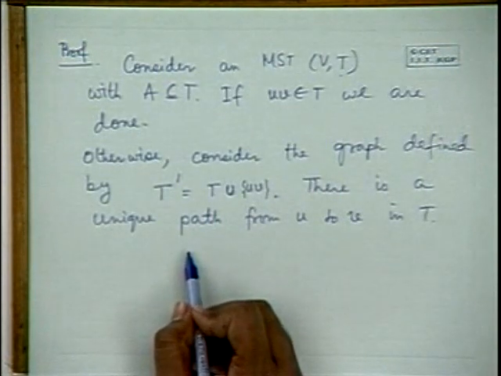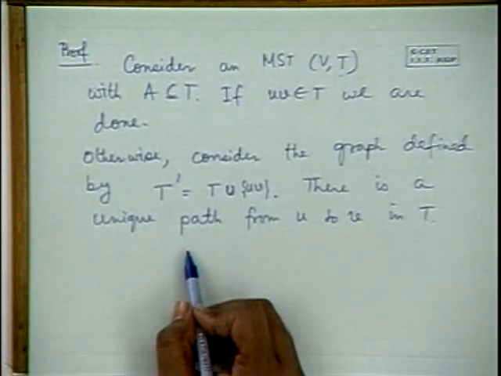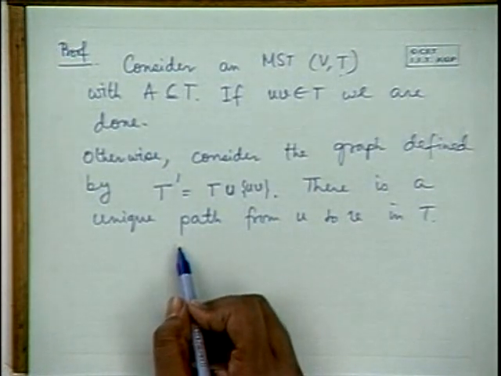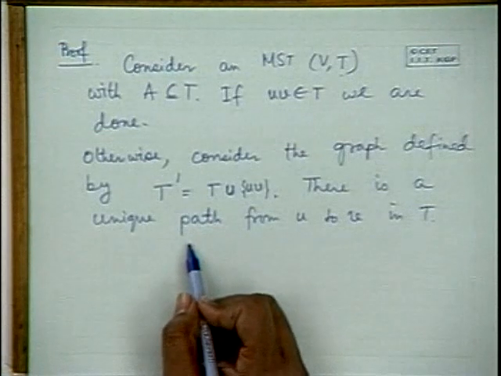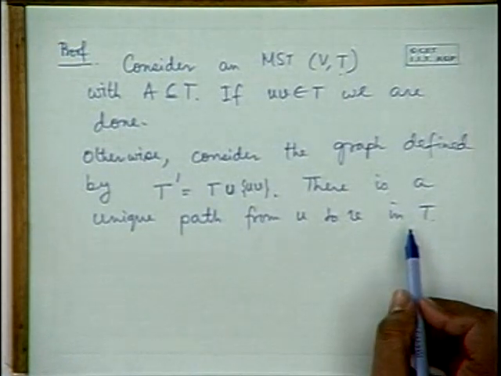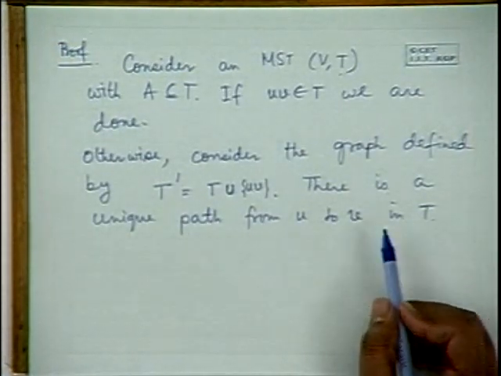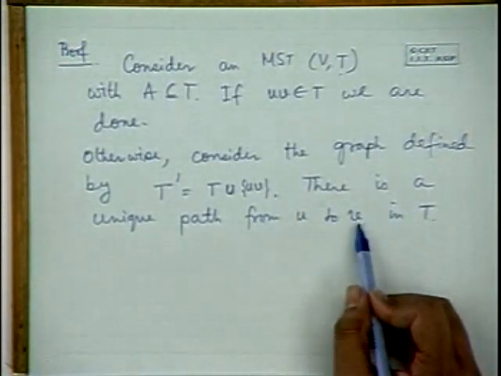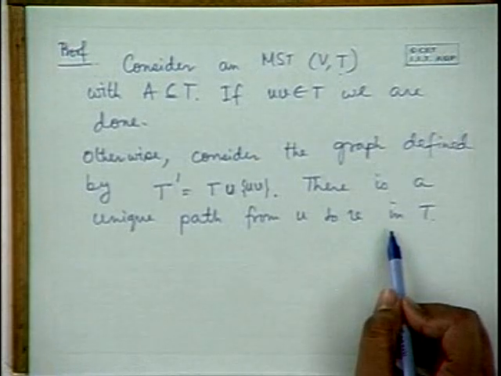That is true for any tree. Between any two vertices in a tree there is a unique path. It is always true. So you have taken the minimum spanning tree T, and you have taken the vertices U and V. There must be a unique path between them.